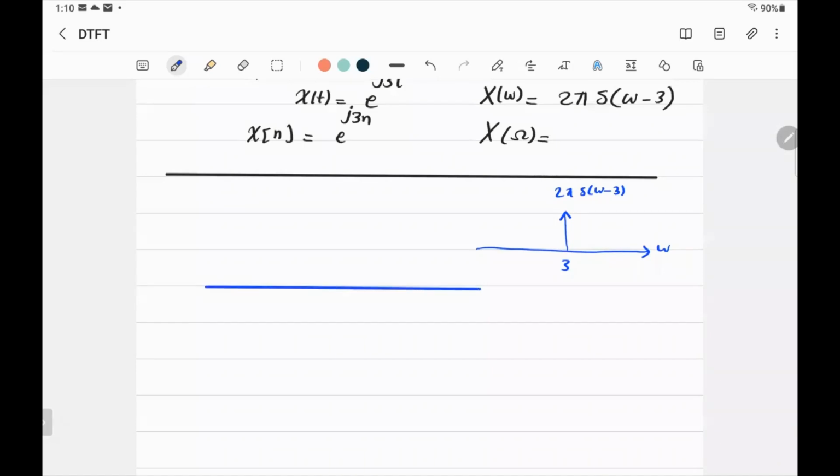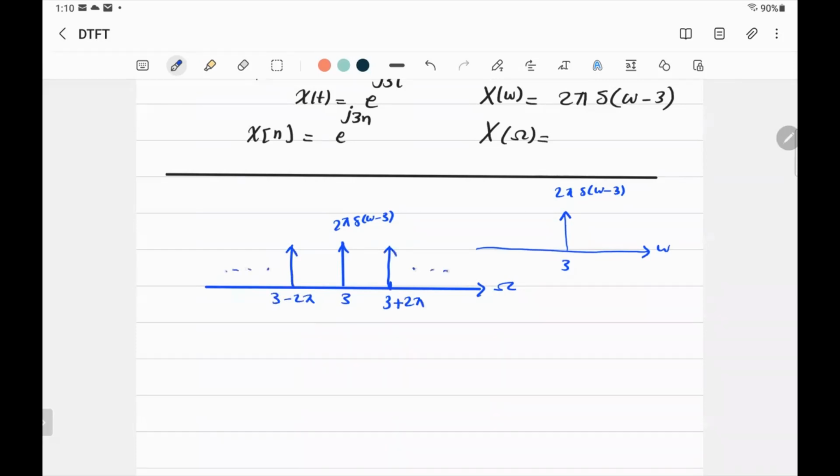First, I change from lowercase to uppercase, and then I put a 3. Then I have one at 3 plus 2 pi and another one at 3 minus 2 pi.